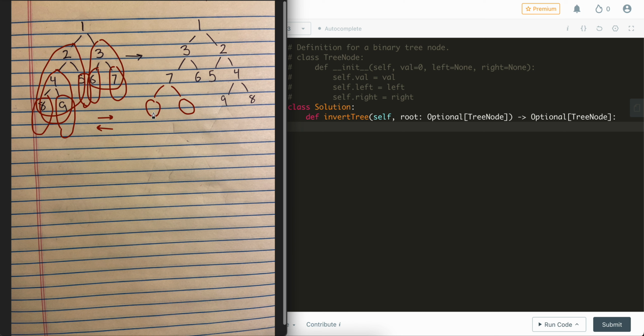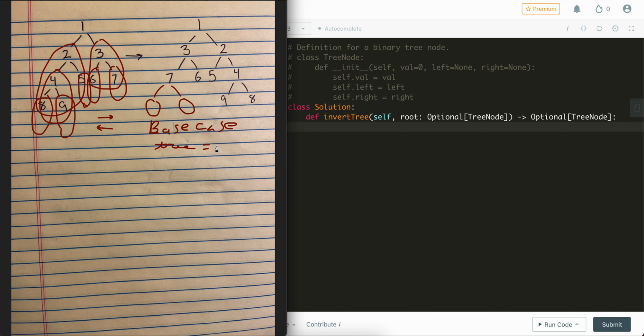And what we can do is call this our base case. Base case is when the tree is equal to None.